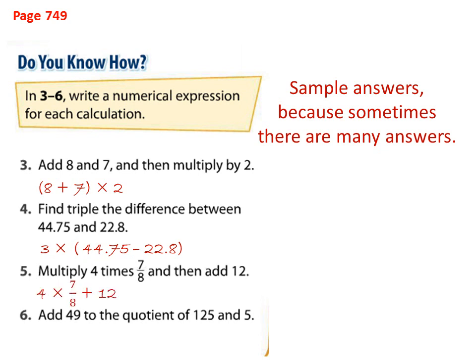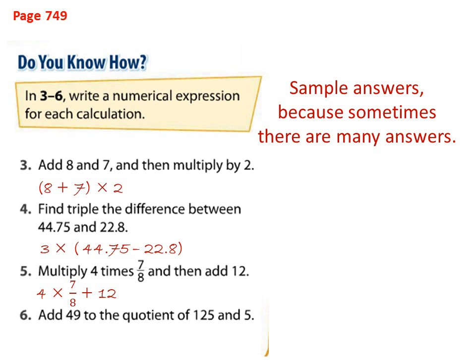Find the triple, the triple of the difference between these two numbers. Of course, difference means subtract these two numbers. So, triple means 3 times the difference. So, inside the parentheses, write these two numbers, 44 and 7500 minus 22 and 8/10.